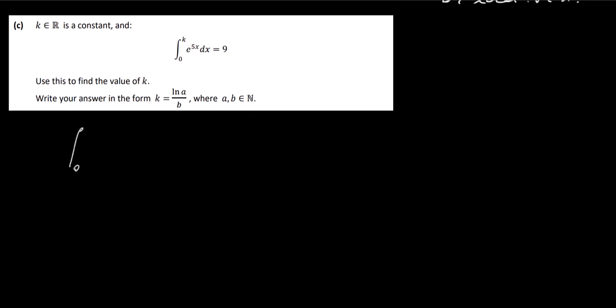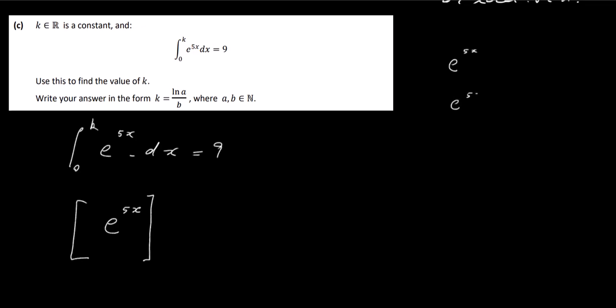It's a definite integral from 0 to k of e to the power of 5x dx is equal to 9. So what we've got to do is integrate e to the power of 5x. Now, if you integrate e to the power of x, you get e to the power of x. However, if you differentiate e to the power of 5x, you'll get e to the power of 5x, but then you've got to differentiate the 5x, so you'll get an extra 5 there.